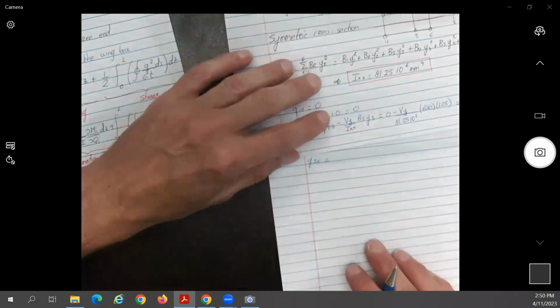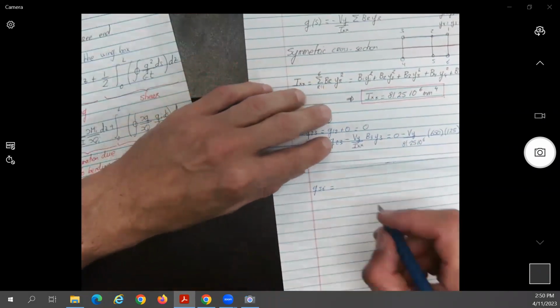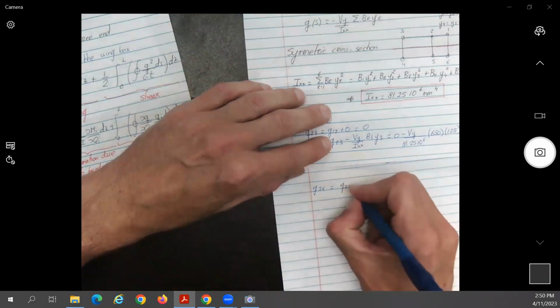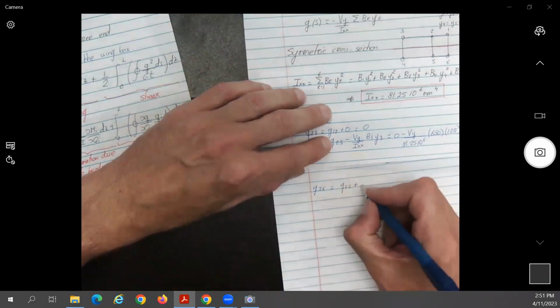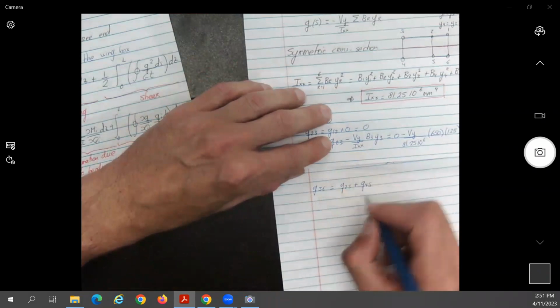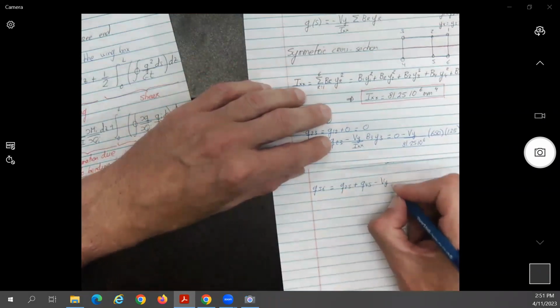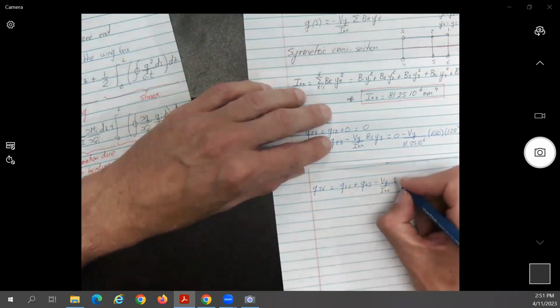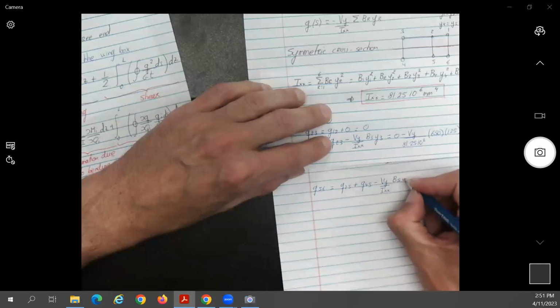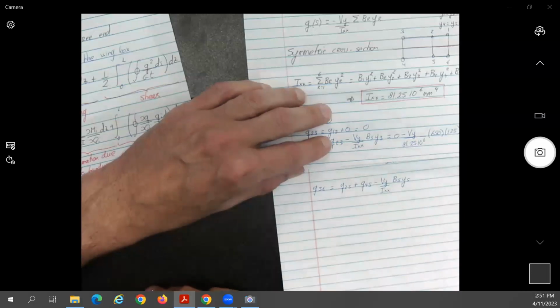Okay, similarly, Q56 would be equal to what? Q25 plus Q45 minus Vy over Ixx times V5, Y5.